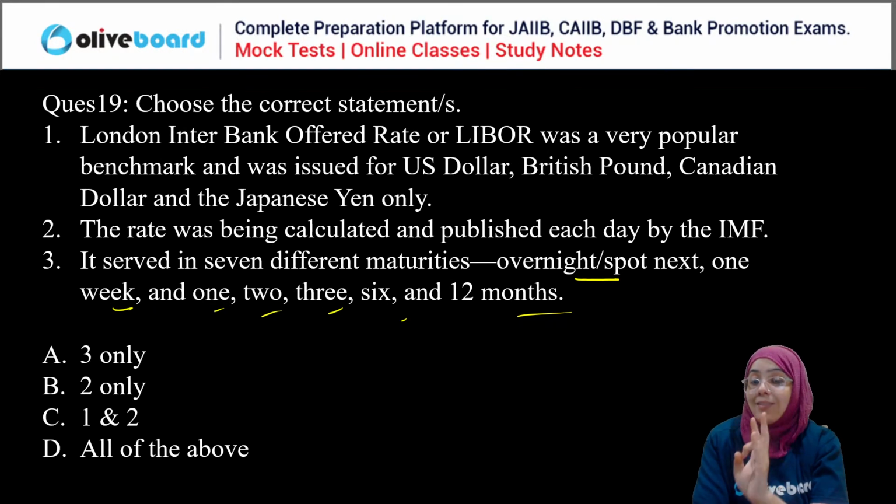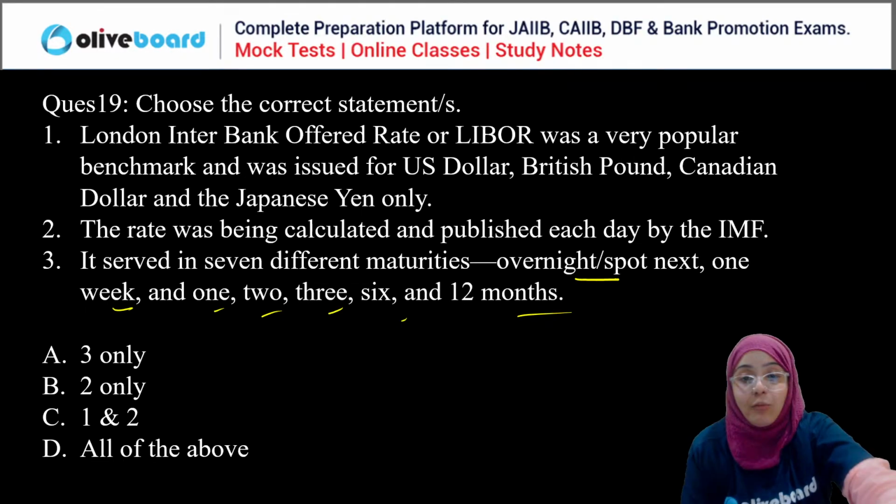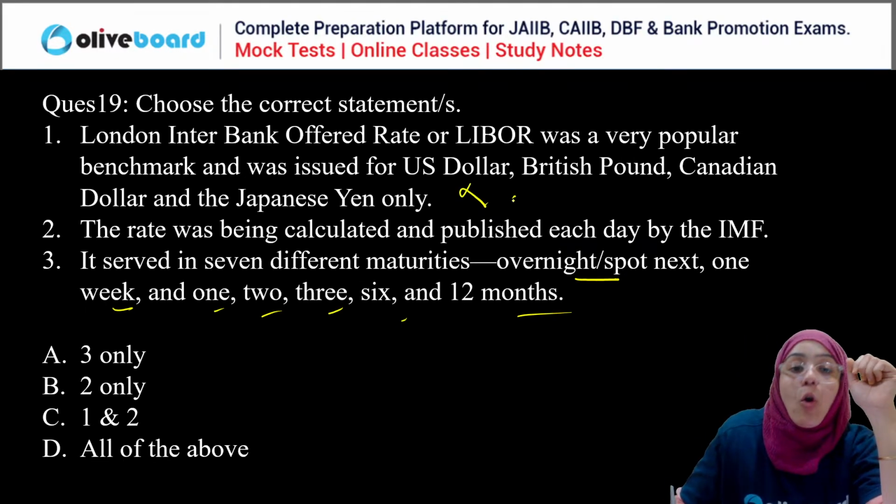Yes, pound is included. Canadian dollar is not included. Instead of Canadian dollar, we have franc. Okay, Japanese yen and euro, right? So when we are talking about the five currencies, it is franc, euro, pound, yen, and dollar. And that's why first is wrong.